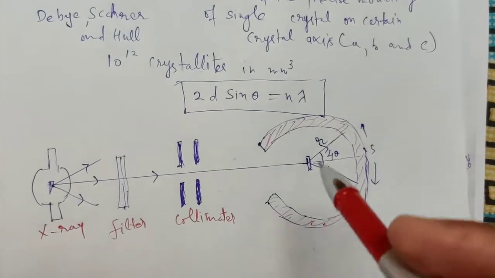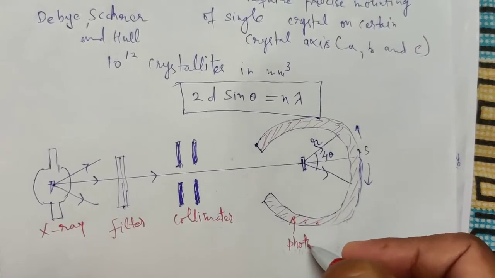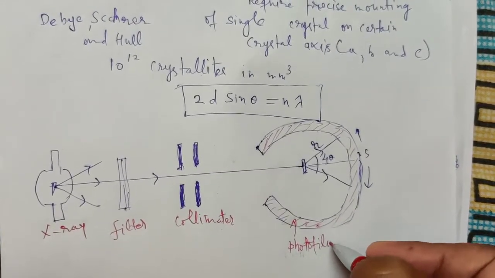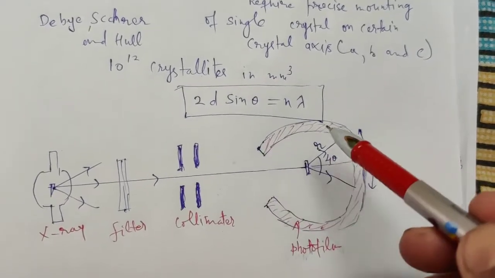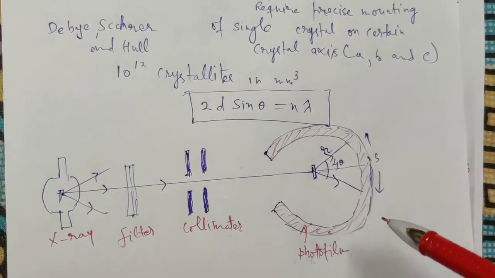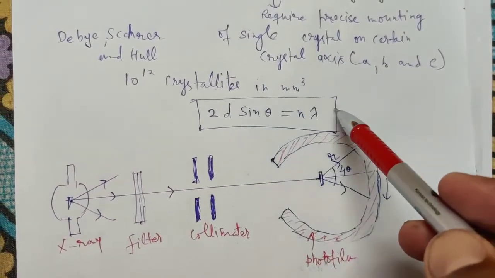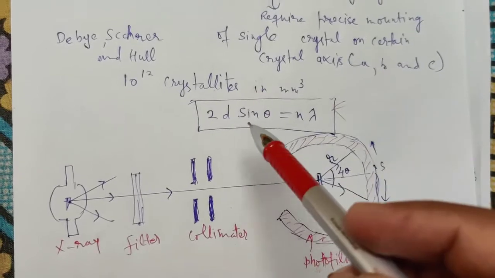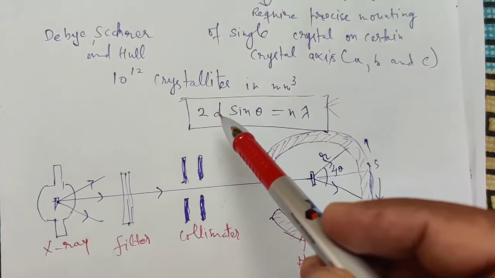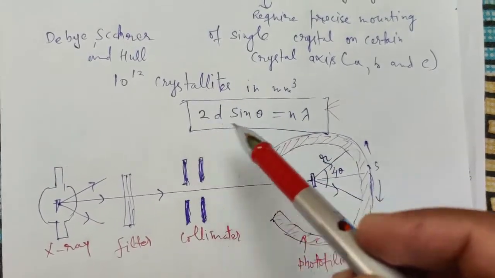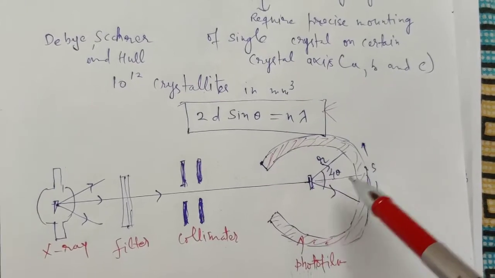This is the collimator and this is the photofilm. On this photofilm we obtain a diffraction pattern which obeys Bragg's condition. The values of d and theta which match this condition will form the diffraction pattern.